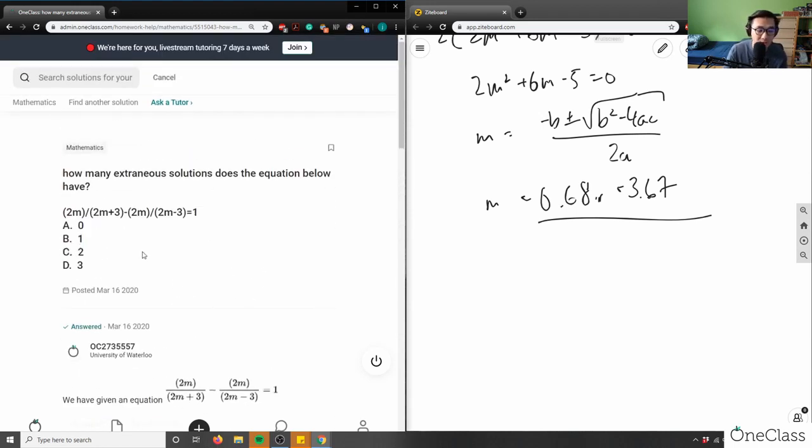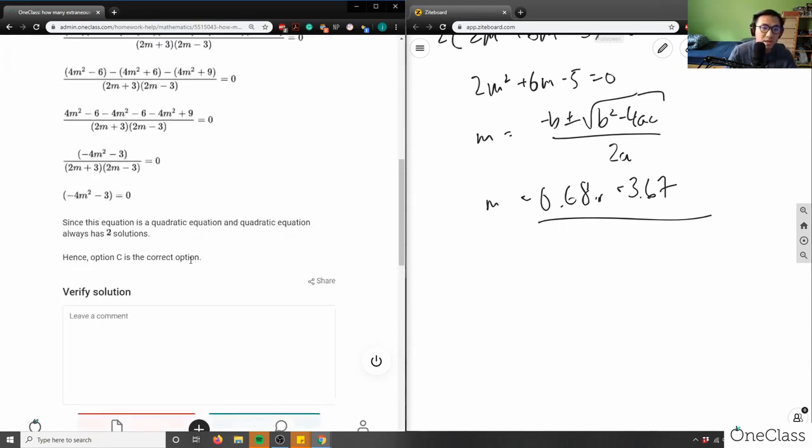So they thought option C was the correct answer. In this case, because the question is asking how many extraneous solutions the equation has, this is actually the wrong answer.